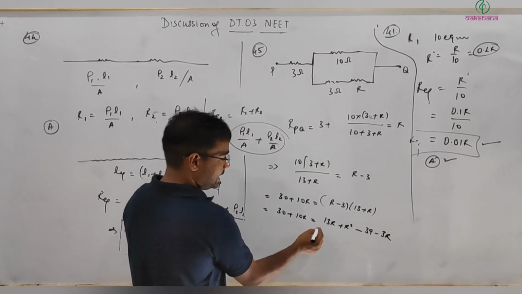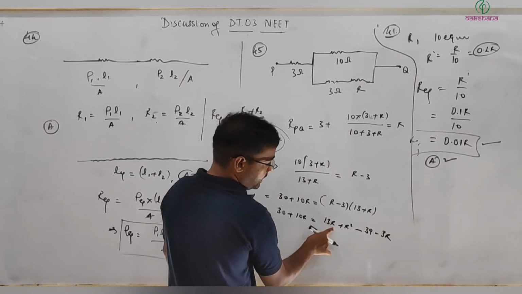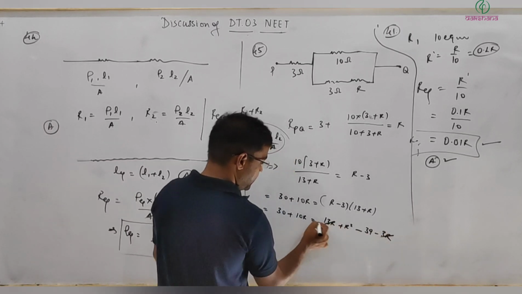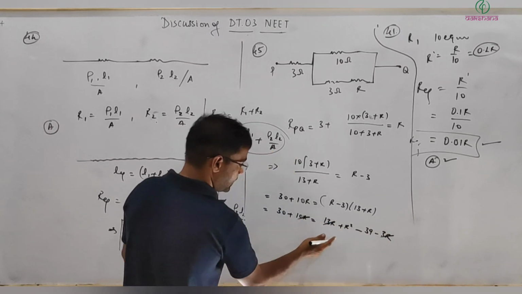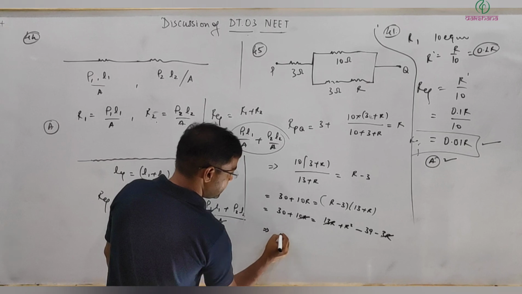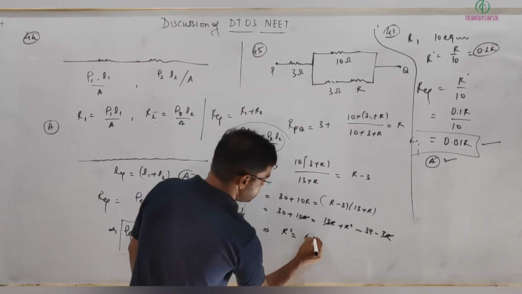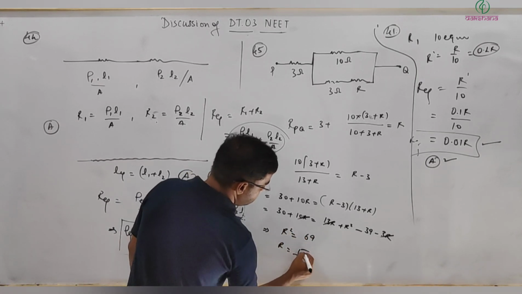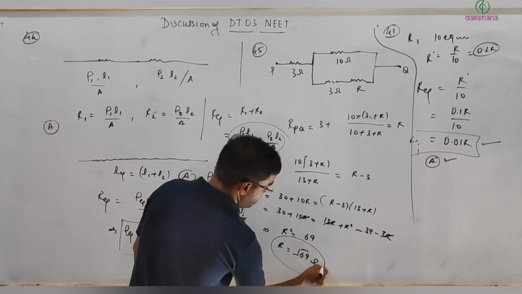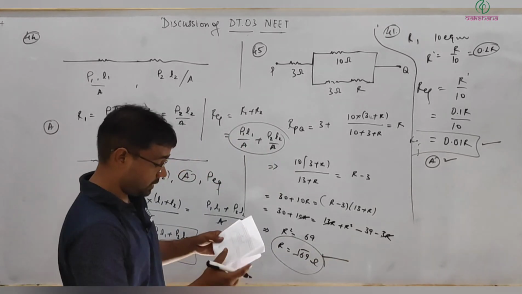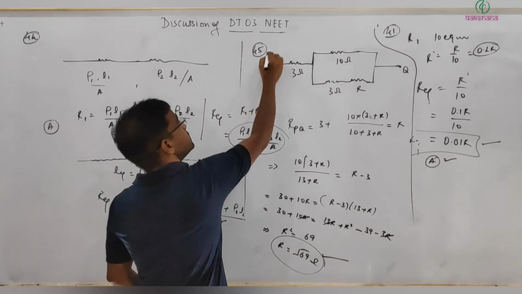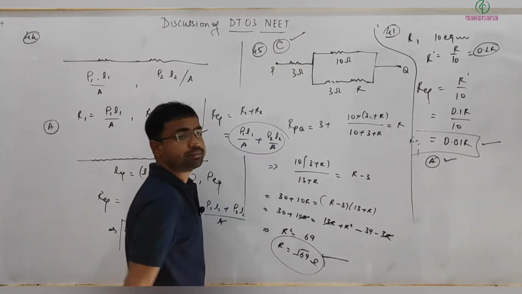So it's basically 13R minus 3R, that is 10R, and 10R gets cancelled. It's R square, and taking it to this side, R square is equal to 69 and R is equal to root 69 ohm. This is your final answer, and it matches option C for 45.